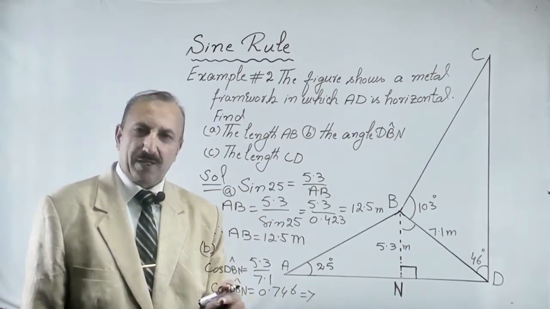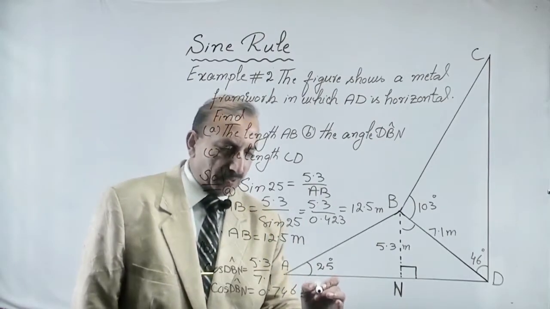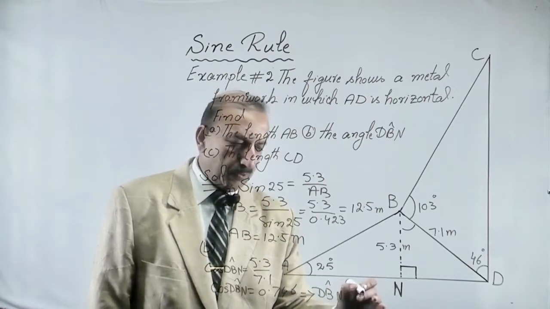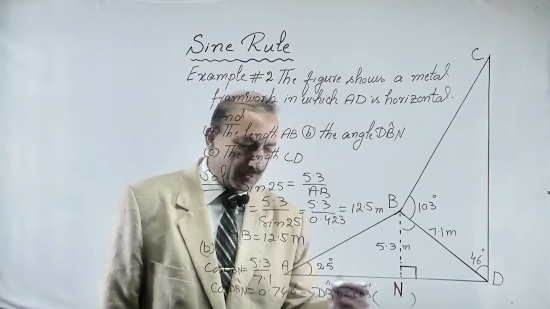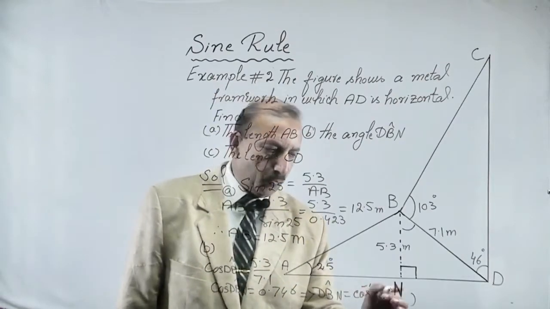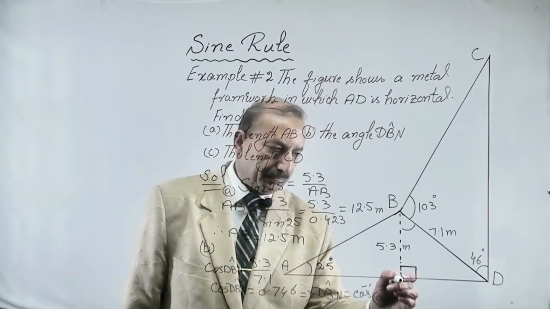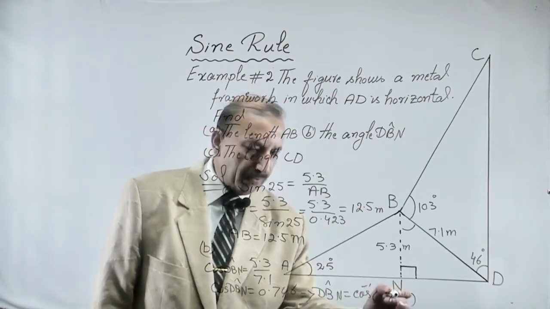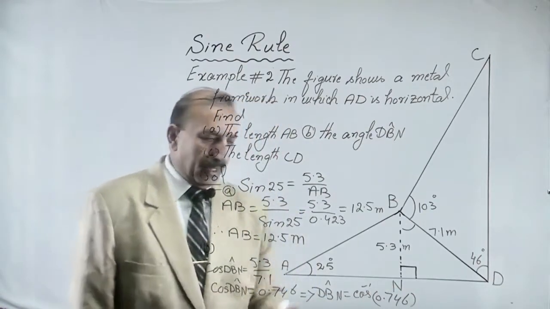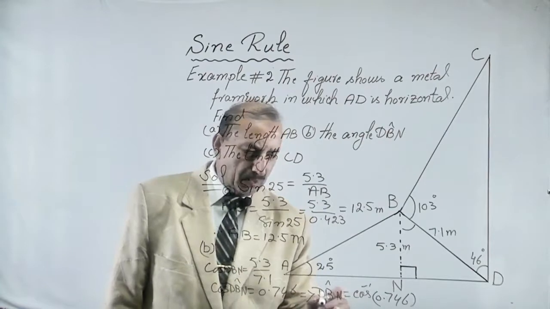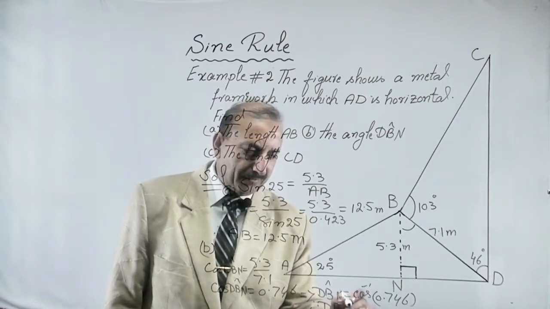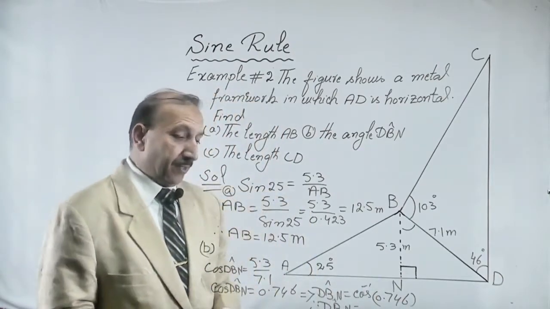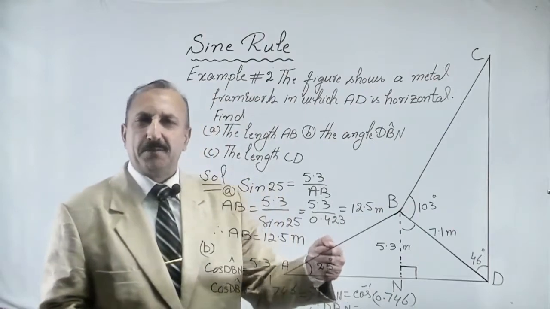We transfer this cosine trigonometric function to the other side, so this angle DBN will be equal to cosine inverse of this value, 0.746, and therefore DBN angle is equal to, now we will operate the calculator by using the shift key and cosine.